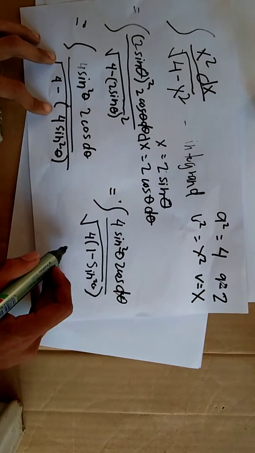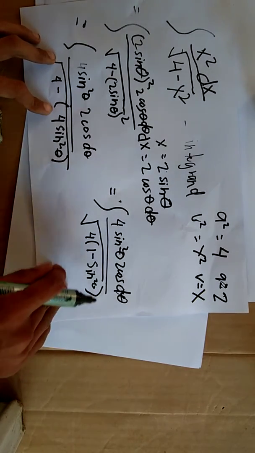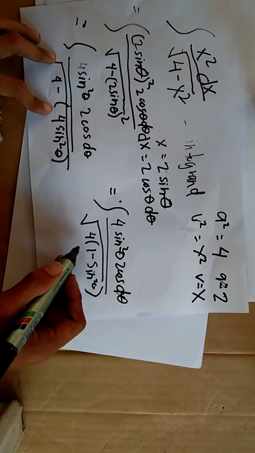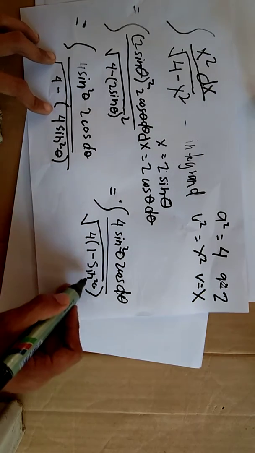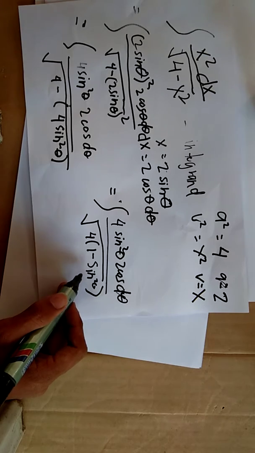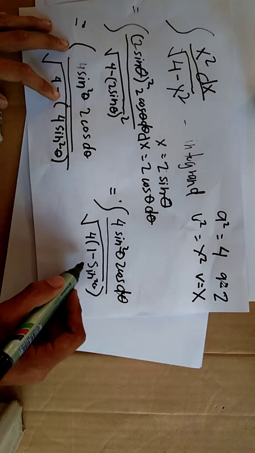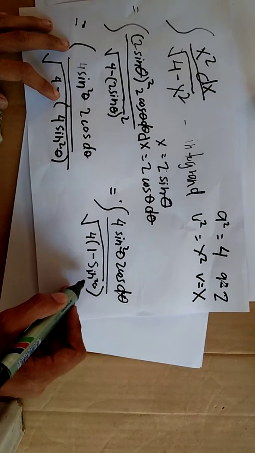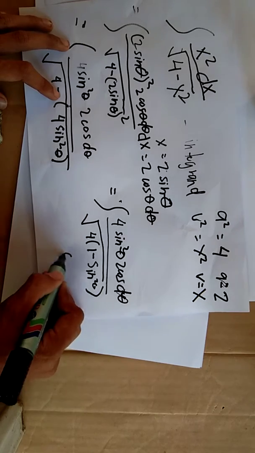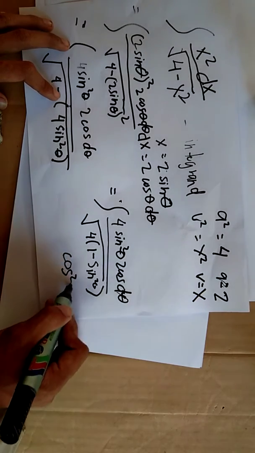After this, we will use the Pythagorean identity in this equation. 1 minus sine squared theta will become cosine squared theta.